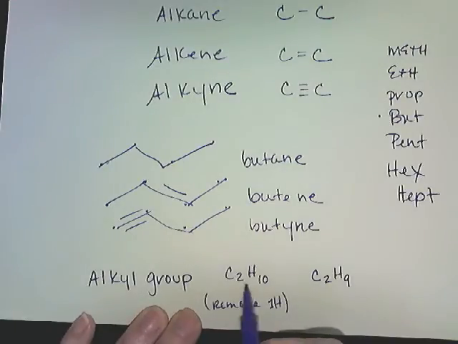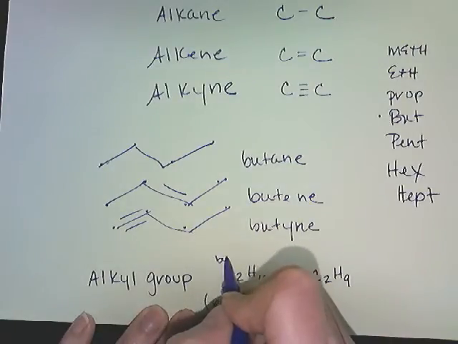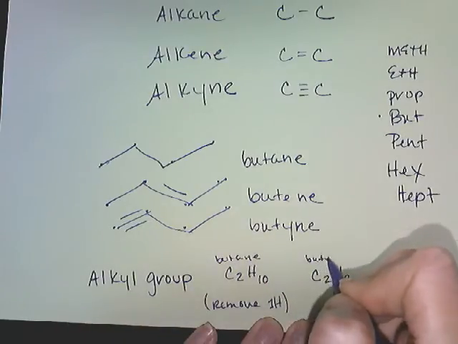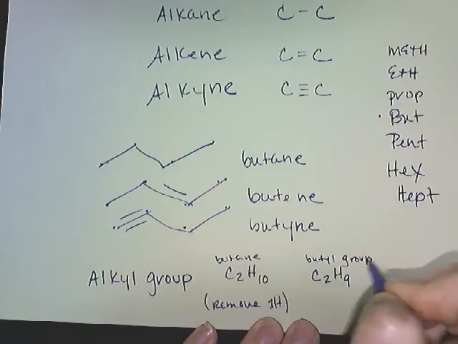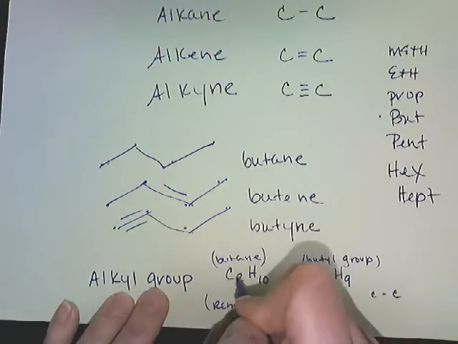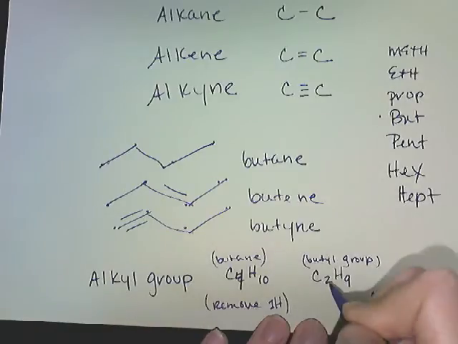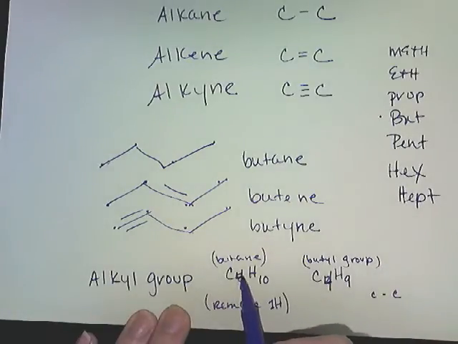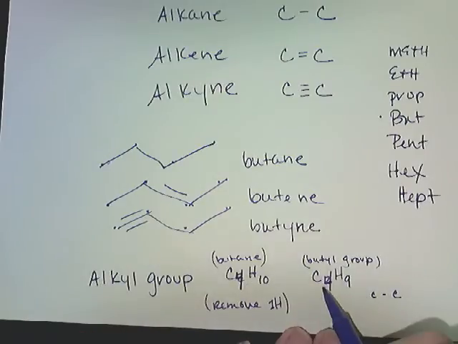This would be butane, this would be butyl group. Butane, but is 4. So you would double the 4 and add 2 for 10. If it was butane, you would double the 4, add 2 and subtract 1 for butyl group.